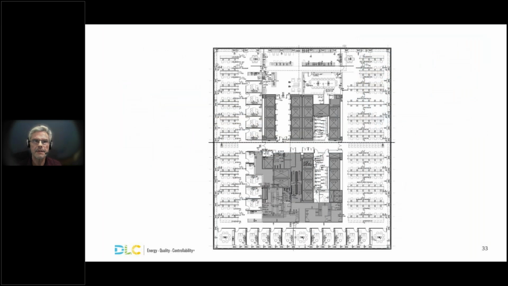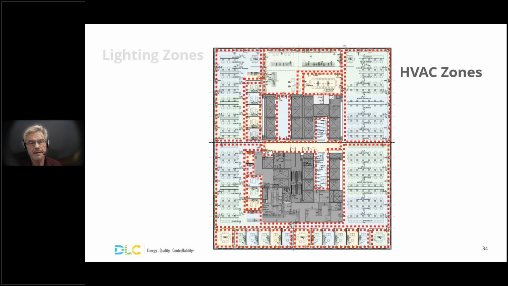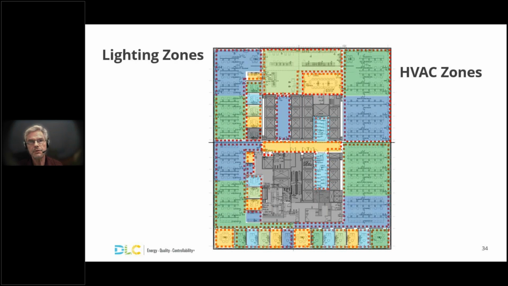One of the seven topics involves how the lighting zones are laid out in relation to the HVAC zones. Here's an example of a floor plan with different lighting zones in different colors. And then when we overlay the boundaries of the HVAC zones that are shown in dotted lines, you can see that most of the boundaries line up pretty well.